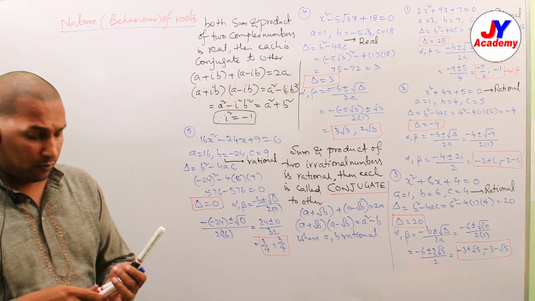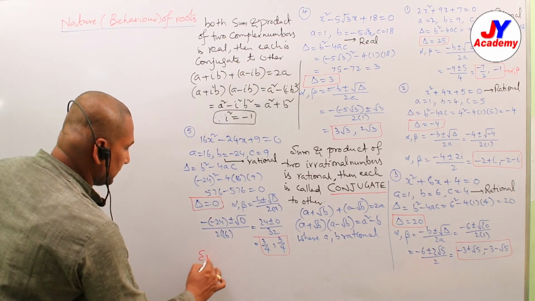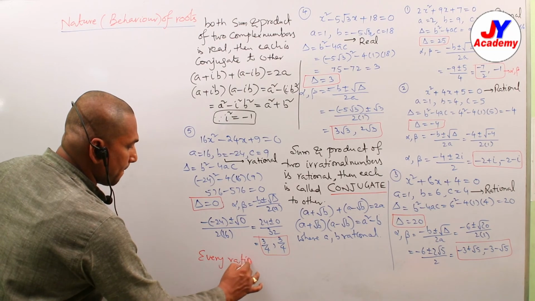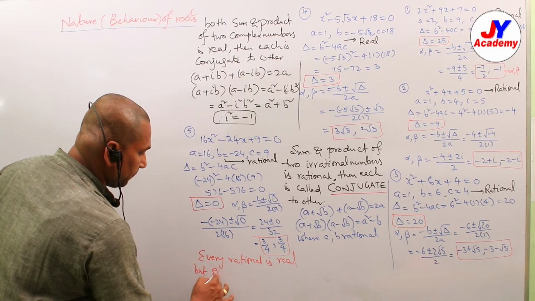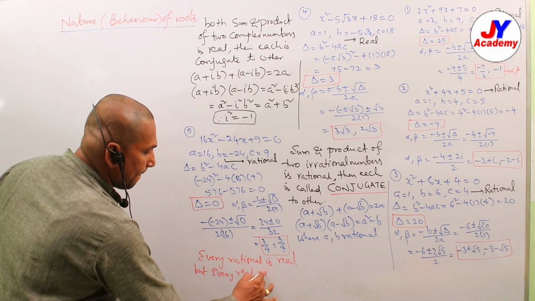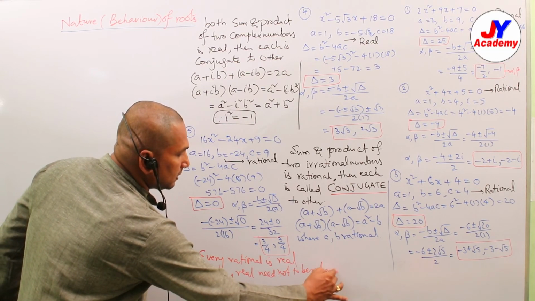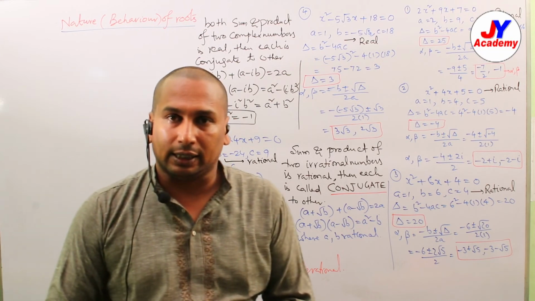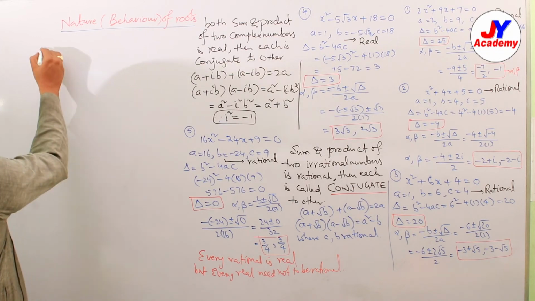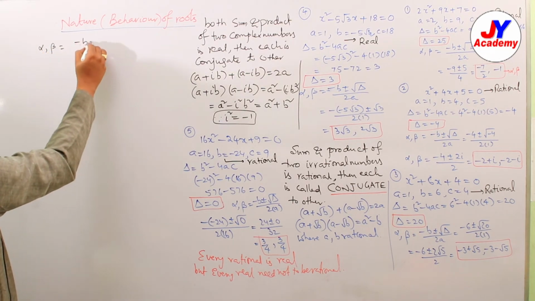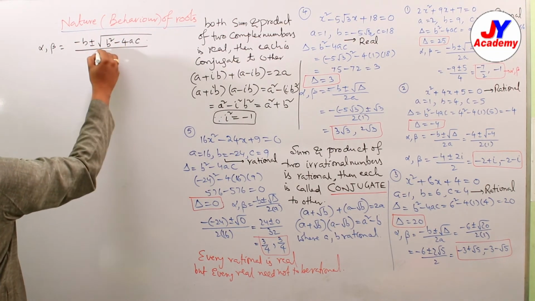And you have to observe one thing: every rational is real, but every real need not be rational, because some are irrational and some are rational, that you know very well. Okay, now see, alpha beta is equal to minus b plus or minus root of b square minus 4ac by 2a.